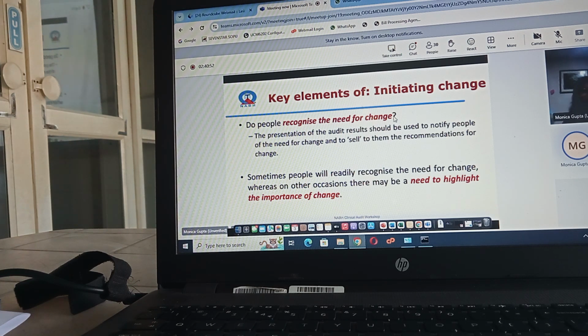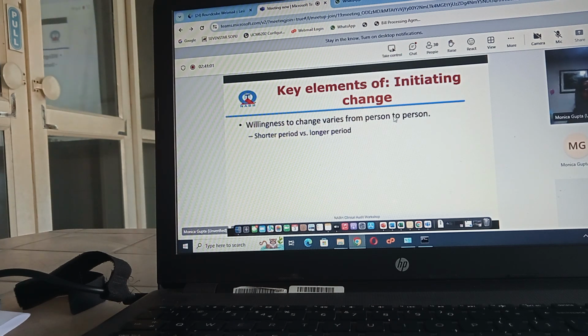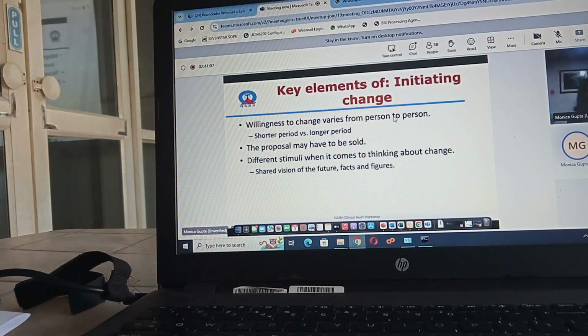We believe that we don't have a problem, but actually when we looked at this data, we need to change a few of our habits. Willingness to change varies from person to person, whether short term or longer term. The proposal may have to be sold and get people on board, saying this is what I'm doing and this is why I'm doing it.